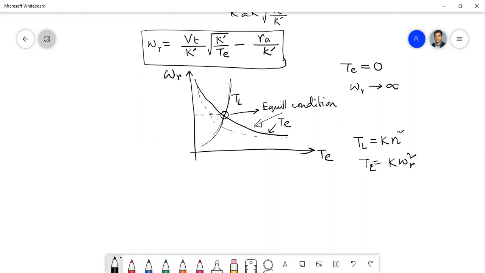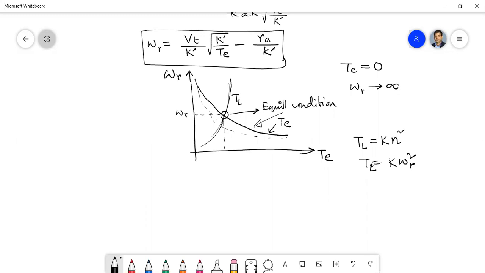Have you studied electronics yet? Basic electronics? In this semester only? Okay. So in electronics, you might have seen that in case of a transistor, there is a thing called the quiescent point, which is basically the operating point of any transistor, the point at which it operates.